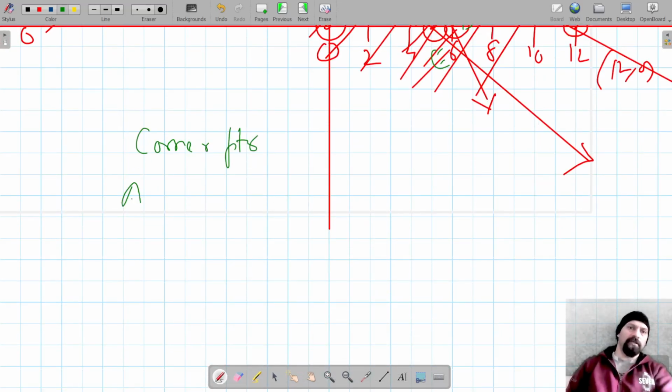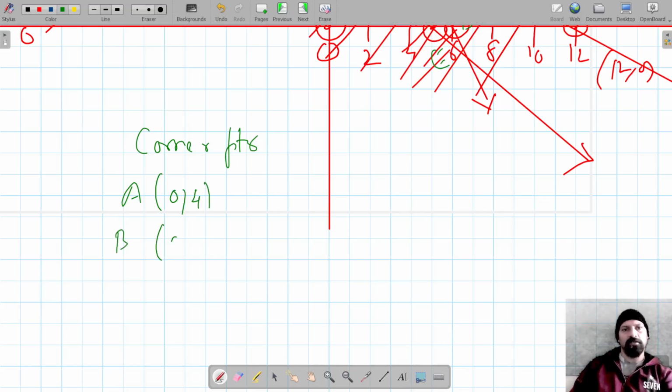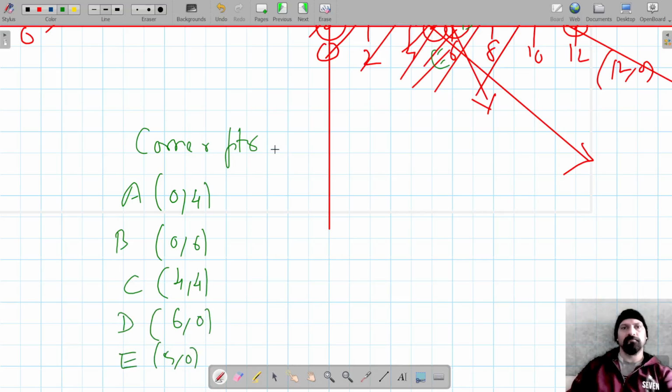Corner point A has the coordinates (0, 4). B has the coordinates (0, 6). C has the coordinates (4, 4). D has the coordinates (6, 0). And E has the coordinates (5, 0).